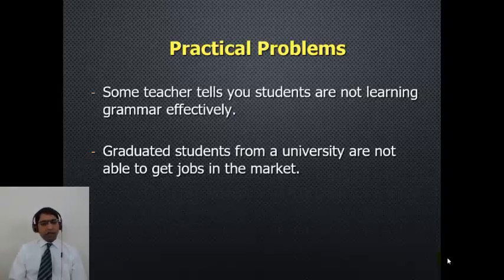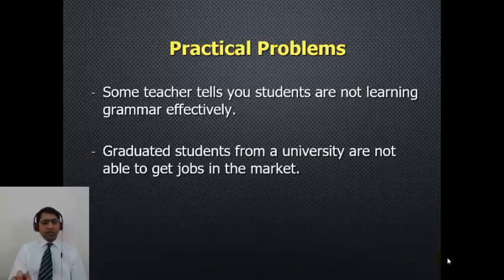How? Go to the market, talk to the people in the market, and ask what their needs are. Maybe they tell you that these students cannot speak English properly. Maybe they lack confidence, whereas the market needs people with confidence and good spoken English skills.